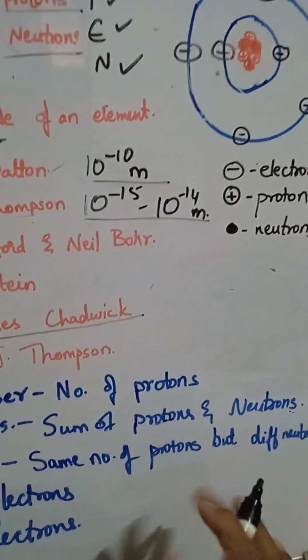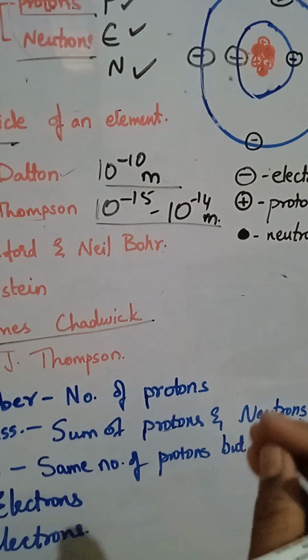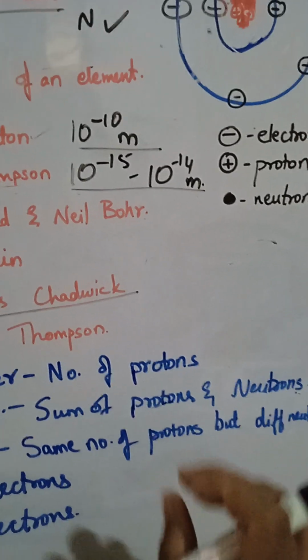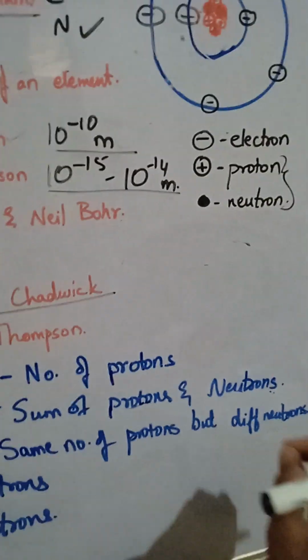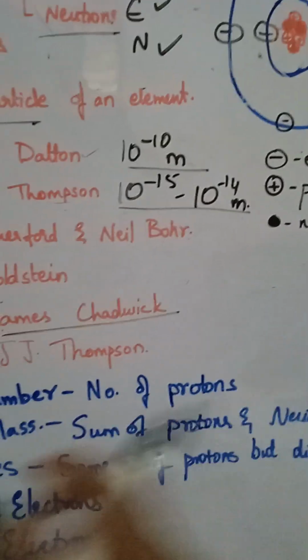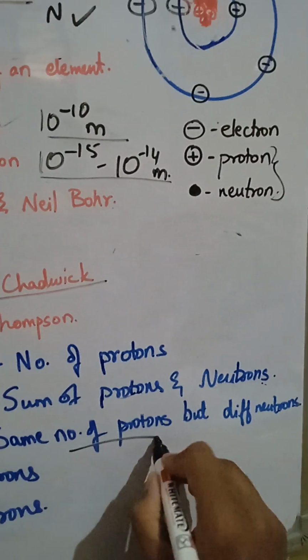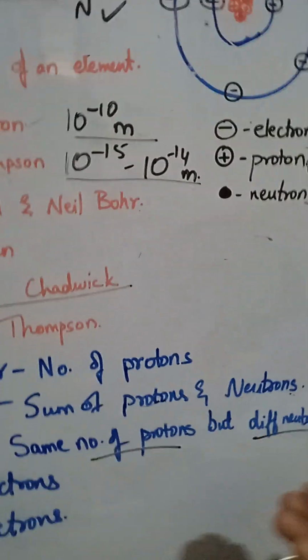Usually almost all the small elements have an equal number of protons and neutrons, but a few elements, that is larger elements, have a different number of neutrons. That means those elements form isotopes. Isotopes are nothing but atoms with the same number of protons but different number of neutrons. Neutrons will be varying according to the situation.